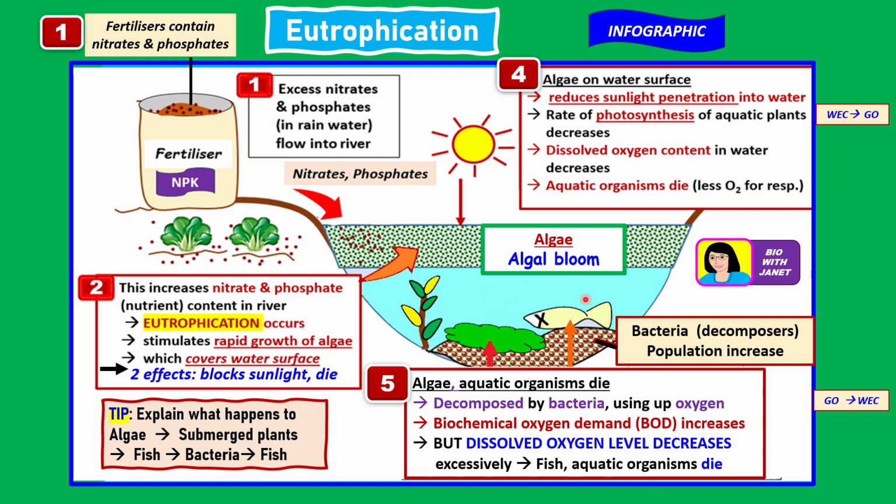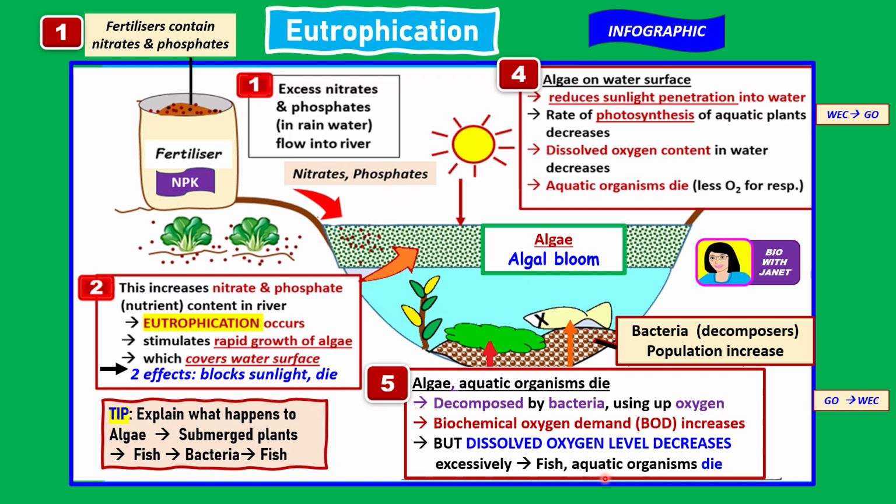The dissolved oxygen in the river will be used up, and the dissolved oxygen content or level in the water decreases excessively. In fact, it has decreased earlier when the aquatic plants died due to lack of sunlight. Now, secondly, because of decomposition of dead substances, the dissolved oxygen level decreases even further, and this will cause the fish to have a lack of oxygen for respiration.